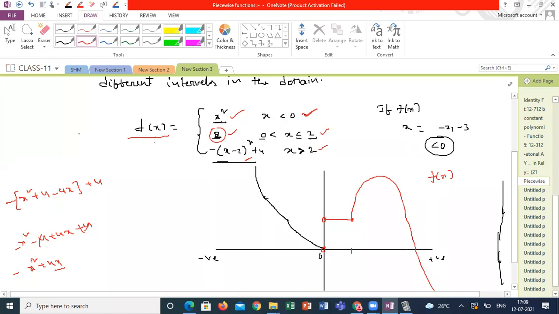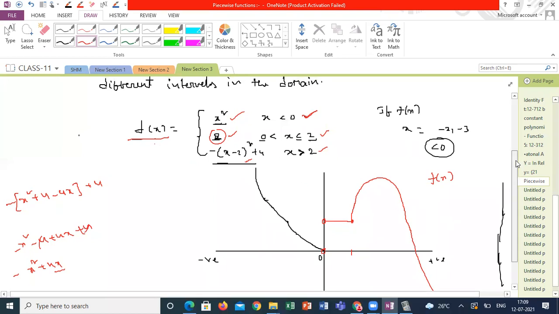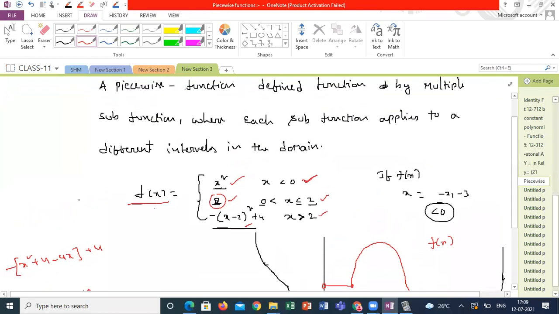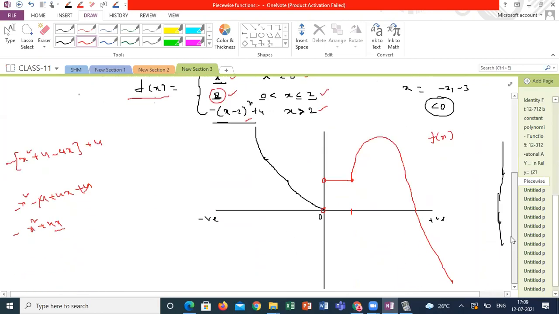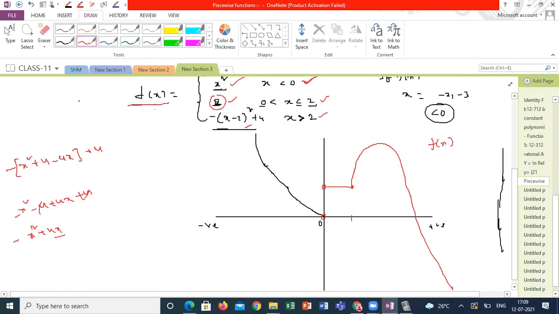The graph is not uniform or standard. Sometimes it is a curve, sometimes a straight line. So if a function is in the form of subfunctions and each subfunction is defined on a different interval, that function is called a piecewise function. Got it now?